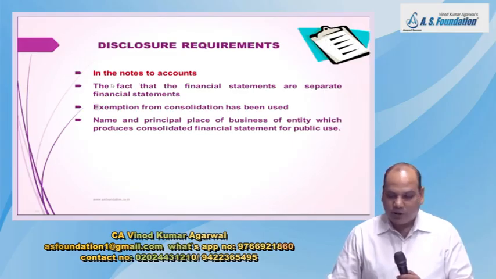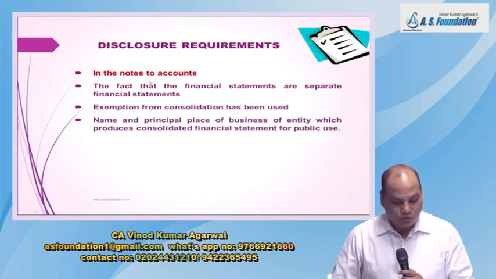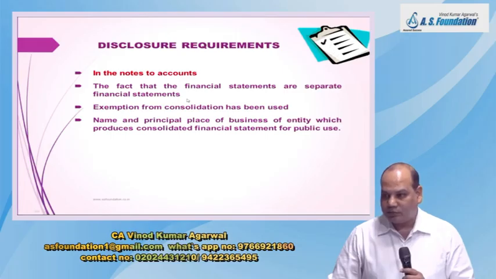Paragraph 11 is applicable to those companies who have not applied consolidation as per IFRS 10, the exempted entities. So these entities who have taken exemption under IFRS 10 will disclose in their notes to account the fact that the financial statements are separate financial statements.